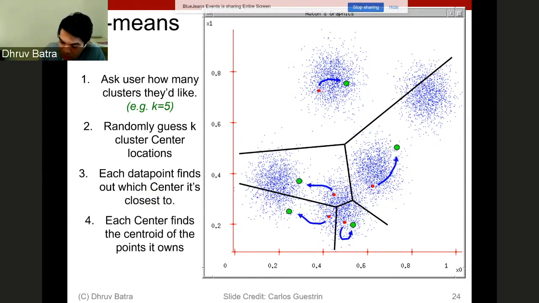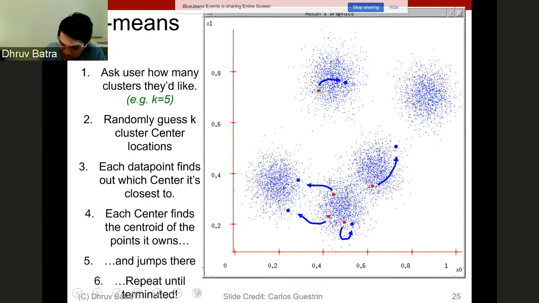Once that's done, after I have this assignment, each cluster finds the centroid of the points it owns, meaning that given that I now know that these are the points that fall in this cluster center j, I can re-estimate the mean and I can move this around. And that's it.